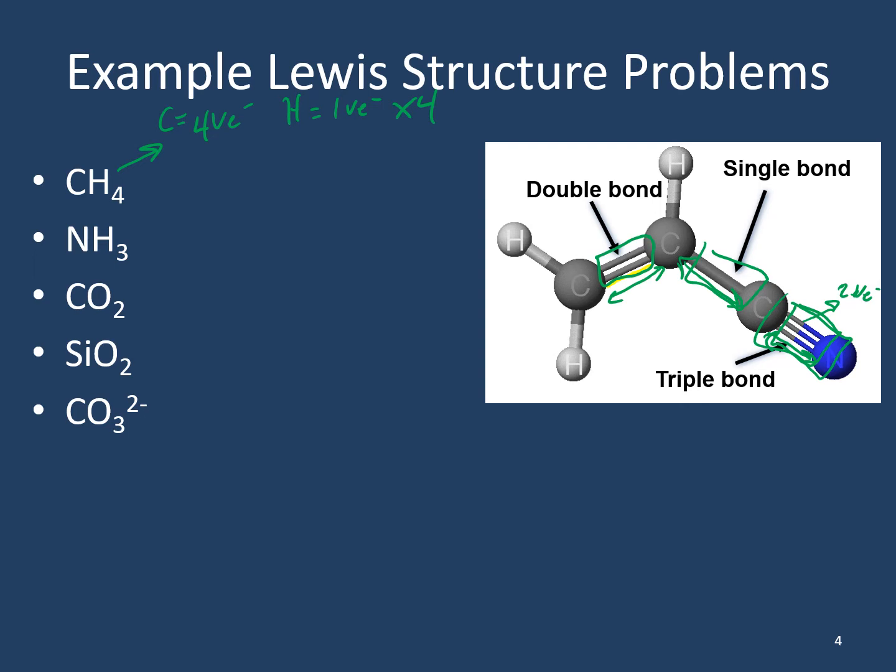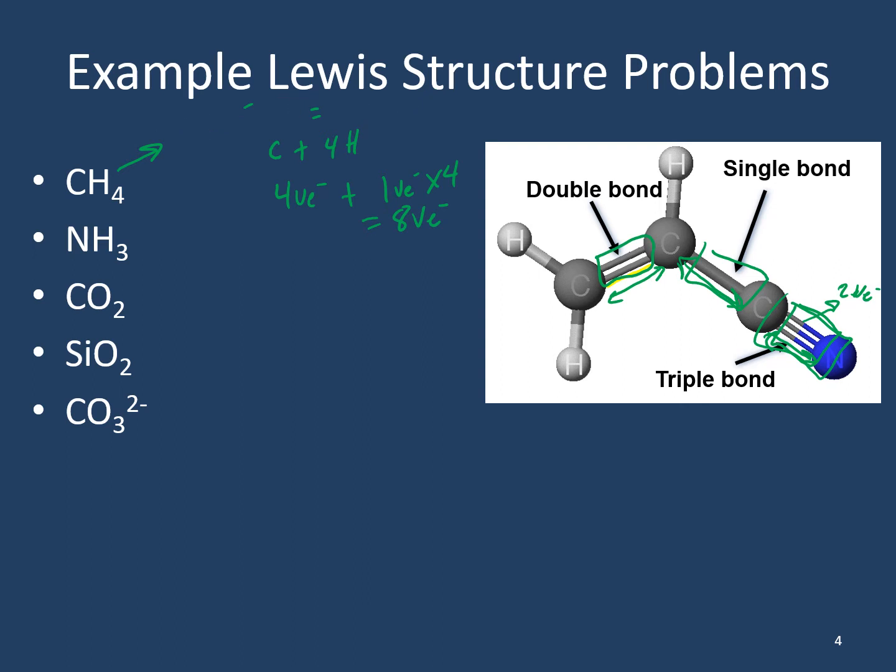From these two numbers we can get our total, right? So carbon plus 4 H's, or in other words, 4 valence electrons plus 1 valence electron times 4, gives me a total of 8 valence electrons that I can put on this structure for CH4.